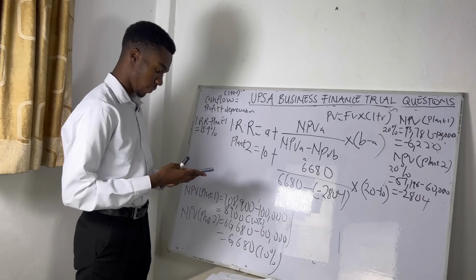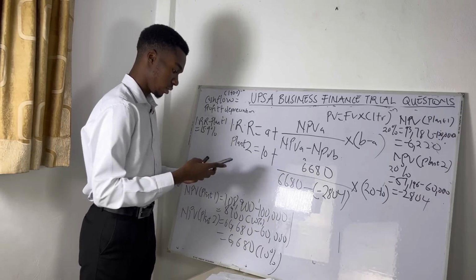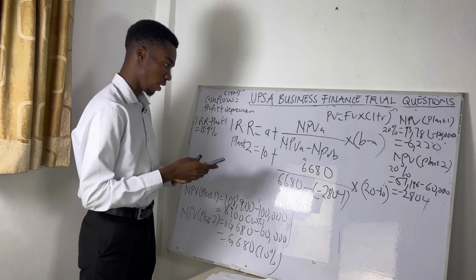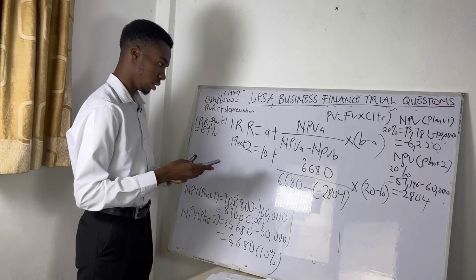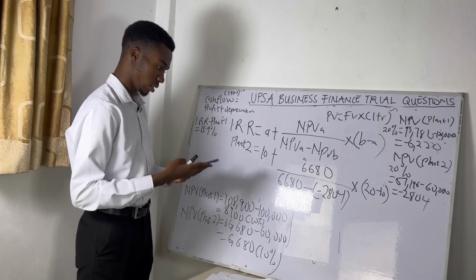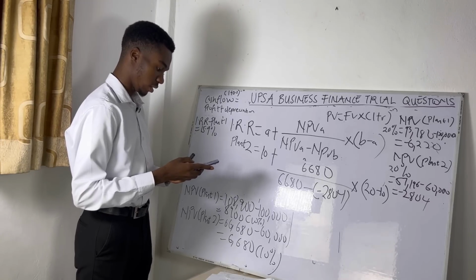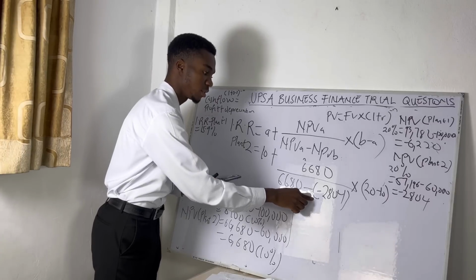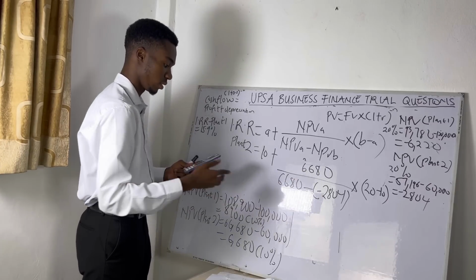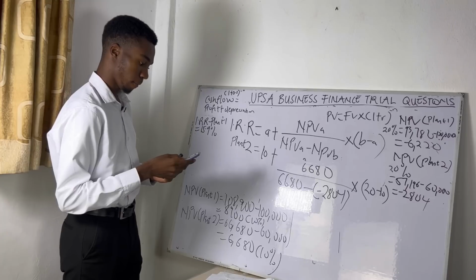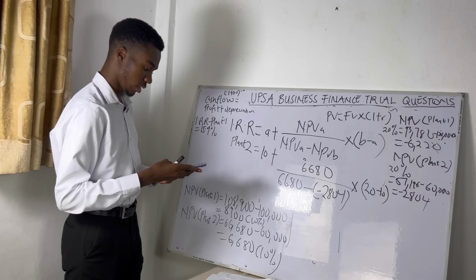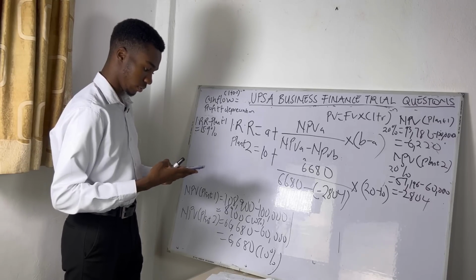So we have 10 plus 6,680 over 6,680 minus in brackets minus 2,804. So always this side you're going to get negative, so that will become positive. Then times in brackets 20 minus 10.